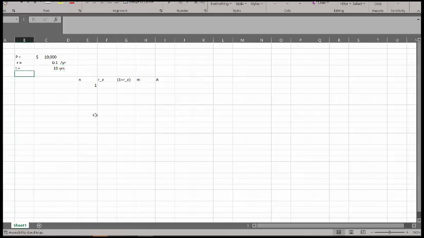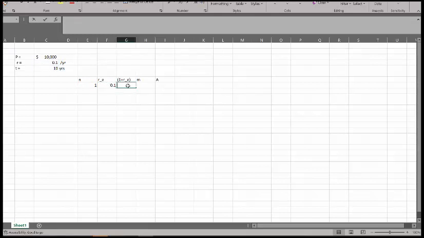Alright, so now that we have that, let's go ahead and calculate everything through. So this equals whatever our rate was, which is over here. Divide that by our number of compounds, which is right over here. Now note we are going to be dragging this down, so we want to put a dollar sign right there in front of the blue one. Because if not, when you drag it, it'll travel with the cell. We don't want that.